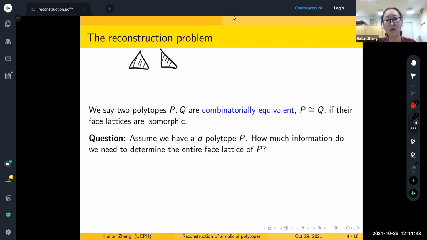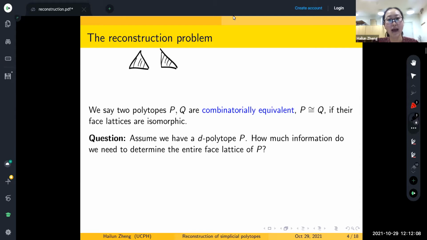We say that two polytopes are combinatorially equivalent, or you just say P is congruent to Q, if their face lattices are isomorphic. So these two triangles are combinatorially equivalent by this definition.